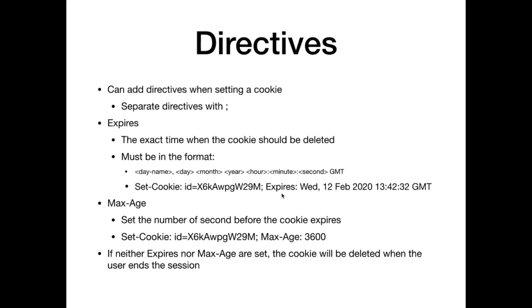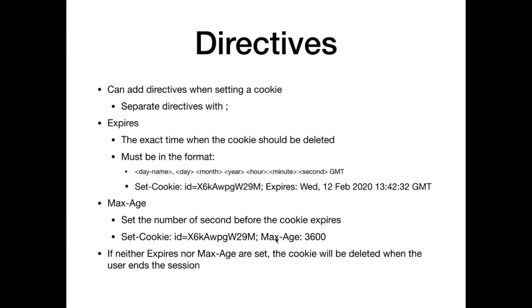So expires, and then the expiration time in this exact format. It's a very specific format, and that's going to be the expiration date of the cookie, when the browser should delete that cookie and no longer be sending it in subsequent requests.